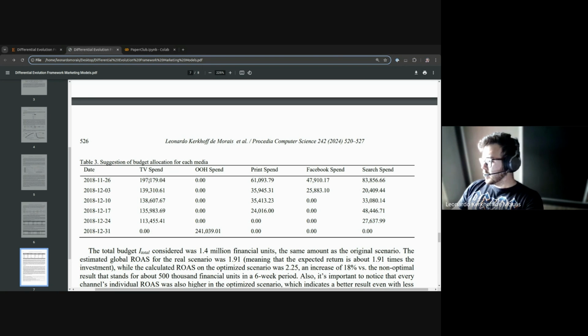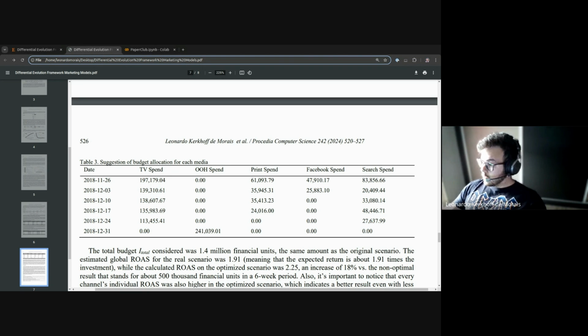And why did it do that? Because TV, as we saw on the saturation curves, is a media that benefits from higher values of ad stock. So it chose to leave a concentration of ad stock on the first values instead of spreading this investment a little more.